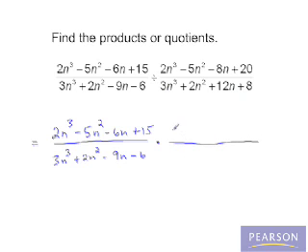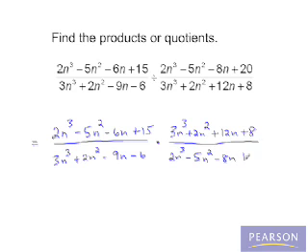So the denominator becomes the numerator: 3n^3 + 2n^2 + 12n + 8 as the numerator, and 2n^3 - 5n^2 - 8n + 20 for the denominator.